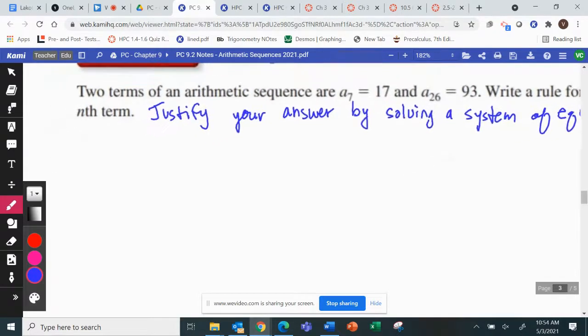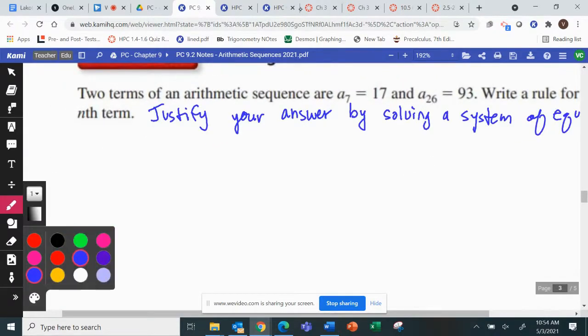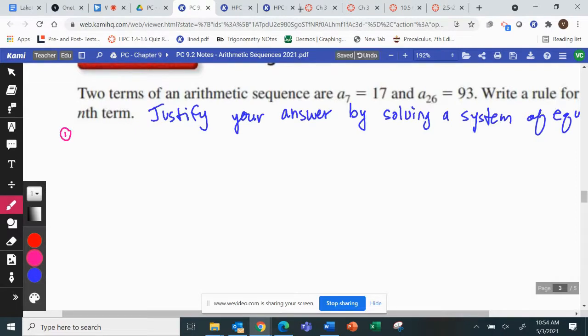So what we're going to do is have 2 equations. Equation 1, where I'm going to use a sub 7, 17: 17 equals a sub 1 plus 7 minus 1 times d. Now, I do not know a sub 1, and I do not know d.